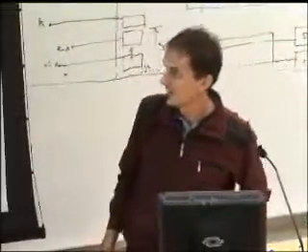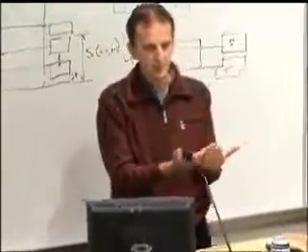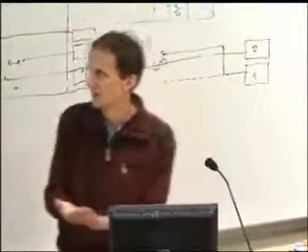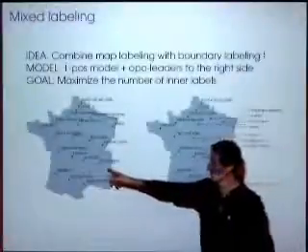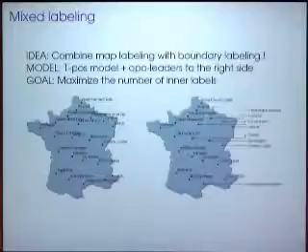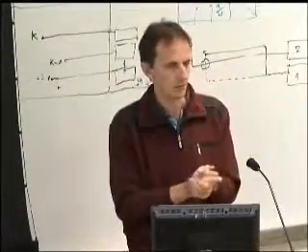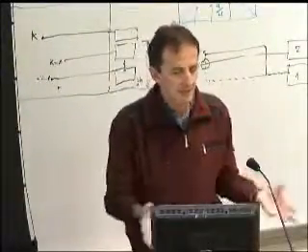Okay. Let's come to my last scenario, and that's mixed labeling. We had this inner label, this traditional label, that was my introductory example. And now we say, if we have clutter, if we have overlap we cannot avoid, then we use boundary labeling, but only there, only if it's necessary.